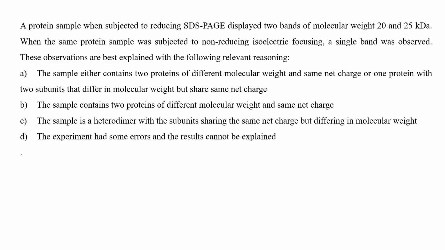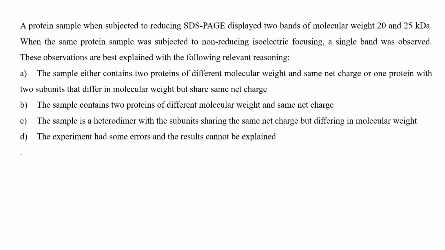A protein sample when subjected to reducing SDS page displayed two bands of molecular weight 20 and 25 kD. When the same protein sample was subjected to non-reducing isoelectric focusing, a single band was observed. These observations are best explained with the following relevant reasoning.